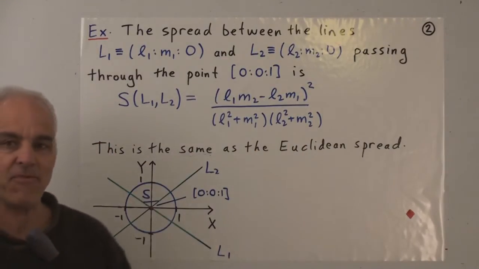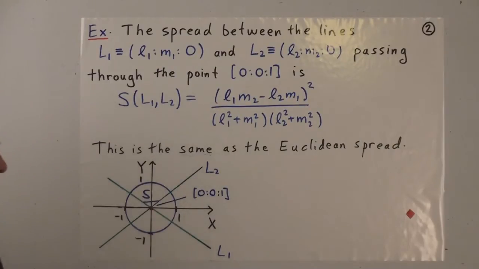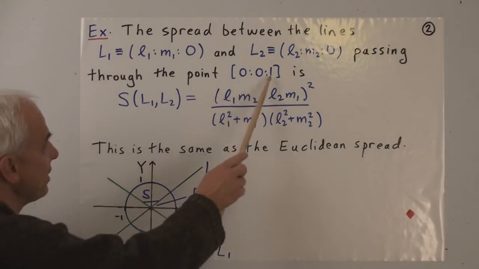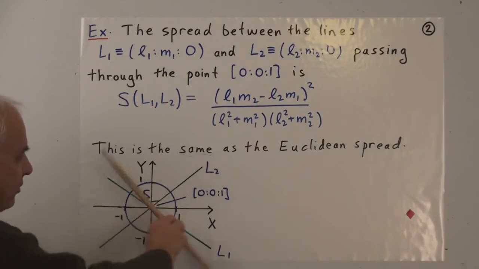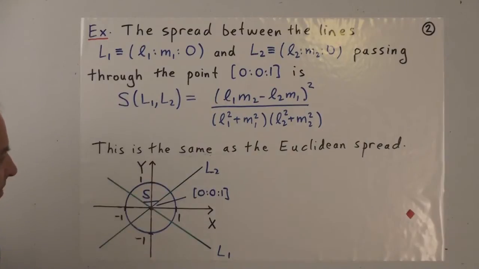This has exactly the same form as the Euclidean spread. So it means that if we're looking at two lines L1 and L2 which go through the origin, because the point that they both go through is the origin [0, 0, 1], then the hyperbolic spread, the capital S, is the same as the Euclidean spread, which we usually denote by little s.